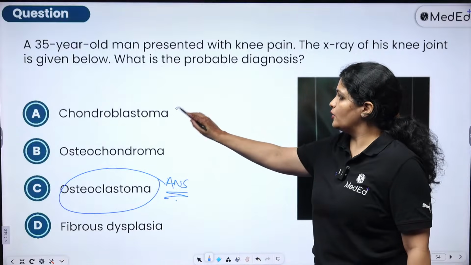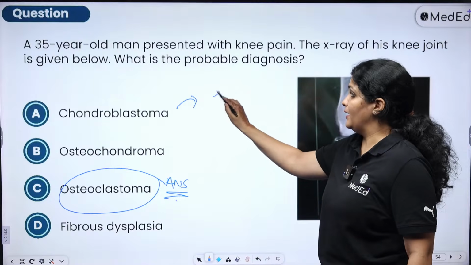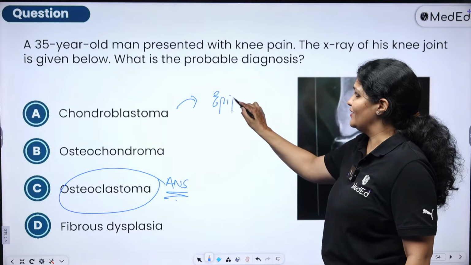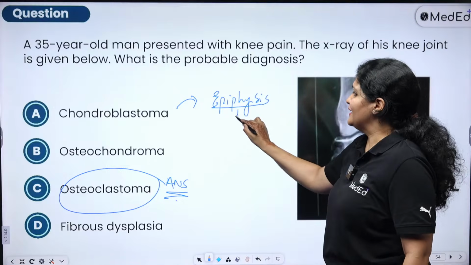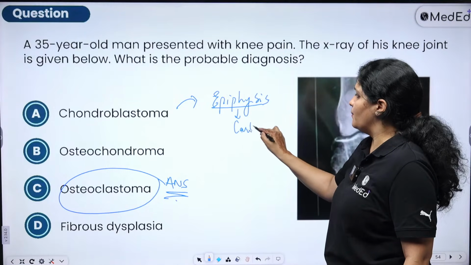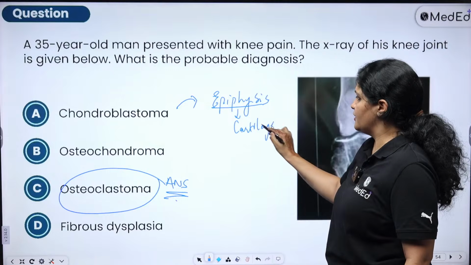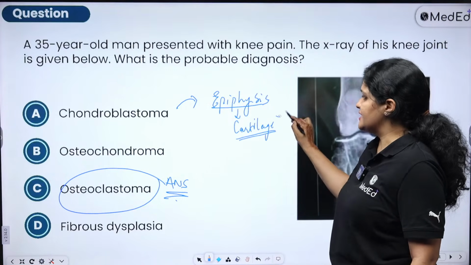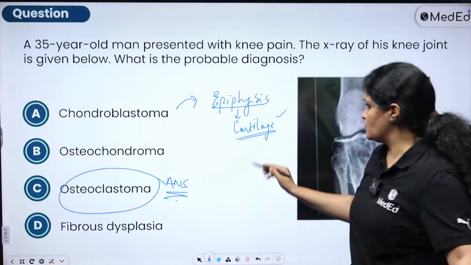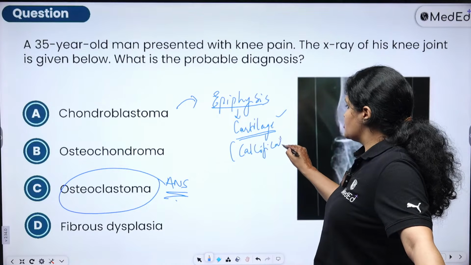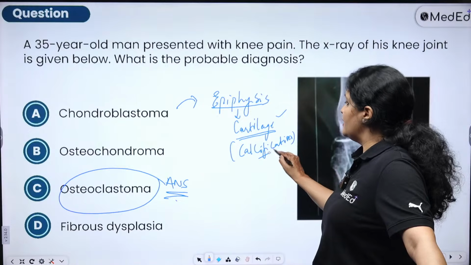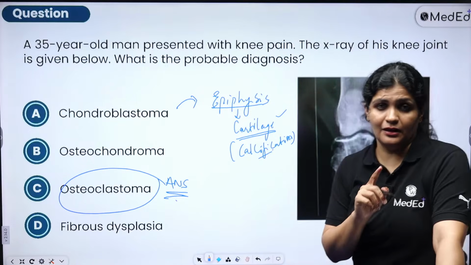Next, what is chondroblastoma? Chondroblastoma, mind you, is also seen only in the epiphysis. But here you see the cartilage component. Whenever you want to see cartilage, it is usually seen in the form of calcification, like popcorn calcification. So you have to be very, very careful whenever you are doing a tumor question.